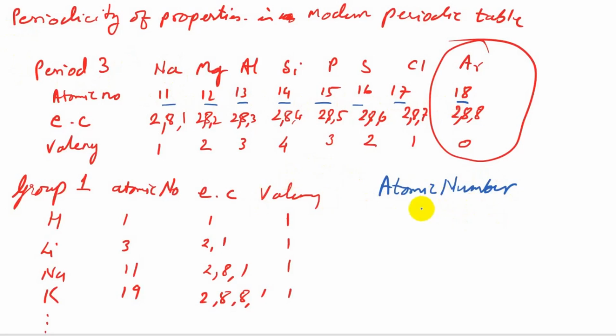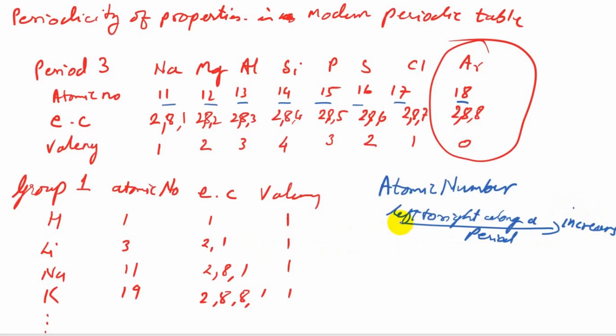So atomic number, from left to right along a period, was 11, then 12, 13, 14. That means it is simply increasing. So I'll write down: from left to right, it increases.